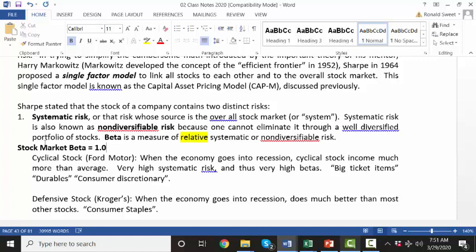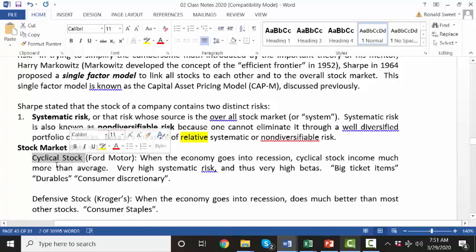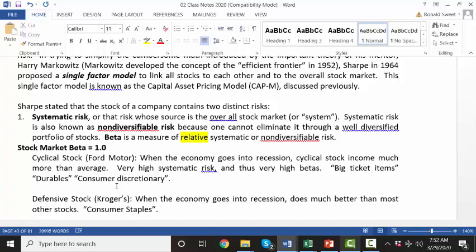So a cyclical stock is one that has high systematic risk. It reacts very strongly to economic events. A firm like Ford Motor Company, when the economy goes into recession, will have much, much worse net income impacts than other companies. When we go into a recession, people are not going to buy cars because they're worried about losing their job.